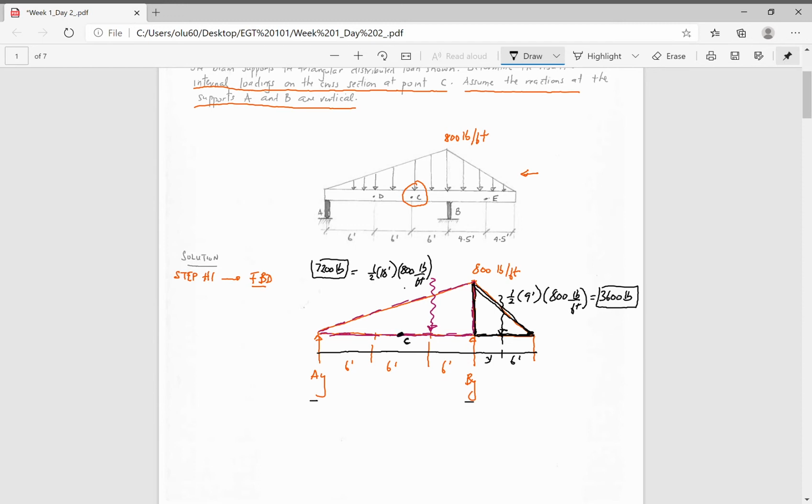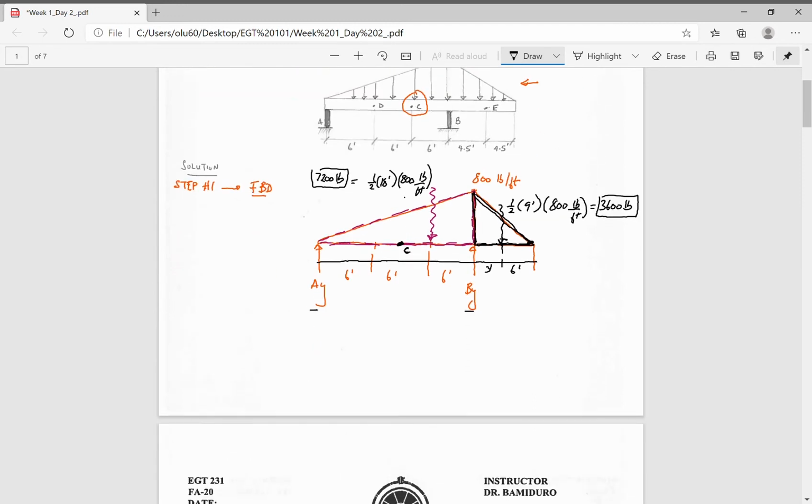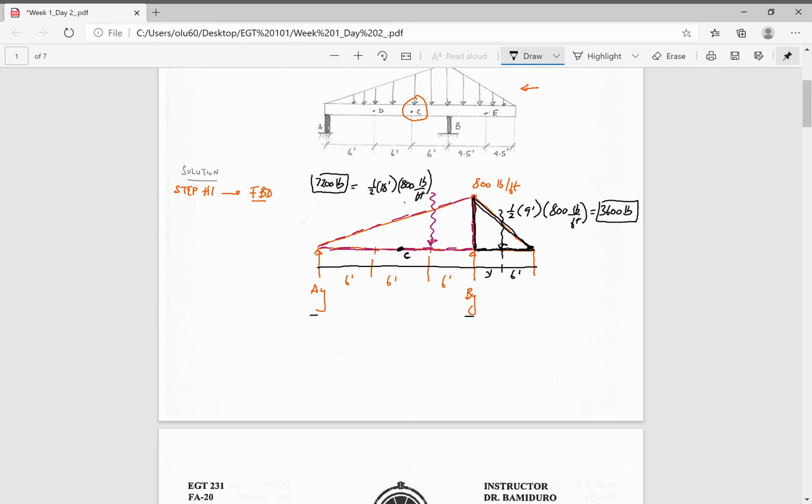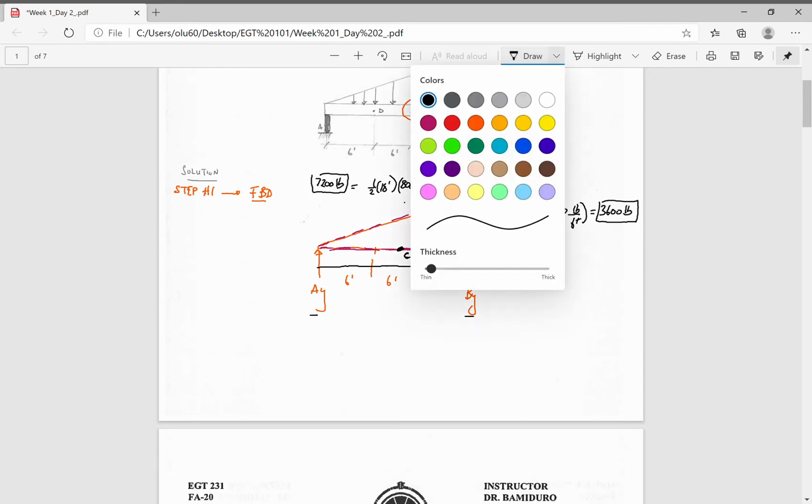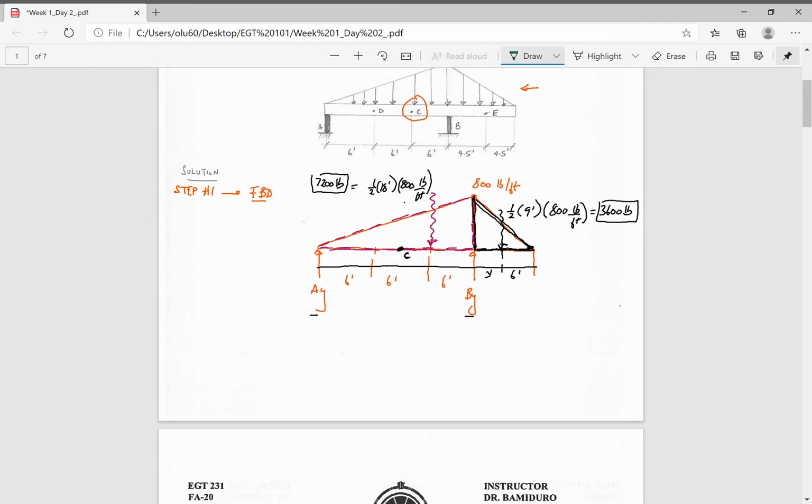When we make a cut here and separate it to our left and to our right, you notice that we will have almost like a trapezoid on this end, and then we have this extra triangle on this side.